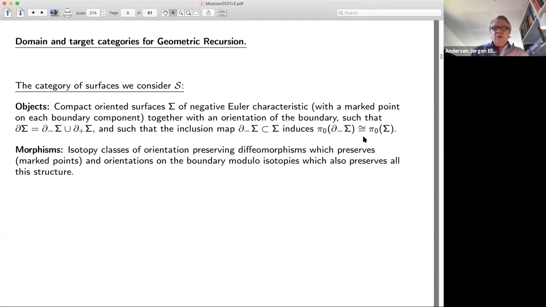So those are the surfaces I'm going to consider. And then morphisms are going to be isotopy classes of orientation preserving diffeomorphisms, which preserve marked points if they are there. Else they preserve the orientation on the boundary as well, modulo isotopies which preserve that structure. That's the precise set of surfaces and the category of surfaces that I want to consider.